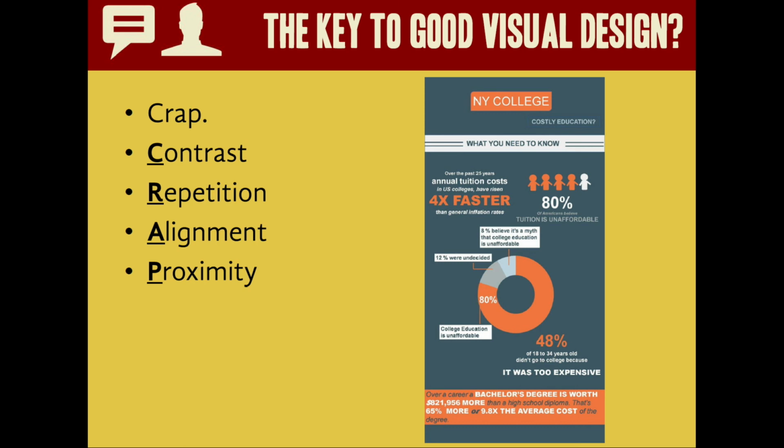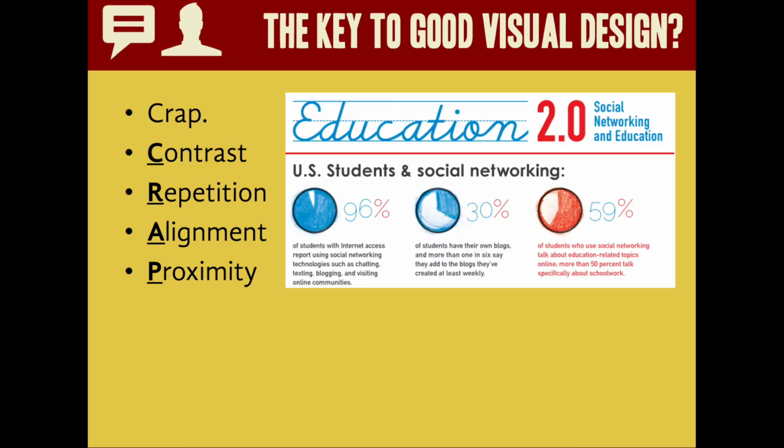The contrast of colors or sizes, repetition of boxes, visual elements or types of statistics, proximal information put together or separated. Also the use of different fonts to provide a sense of visual interest.